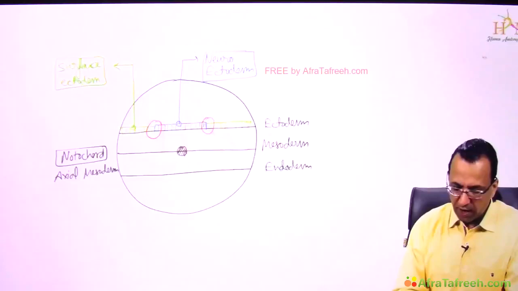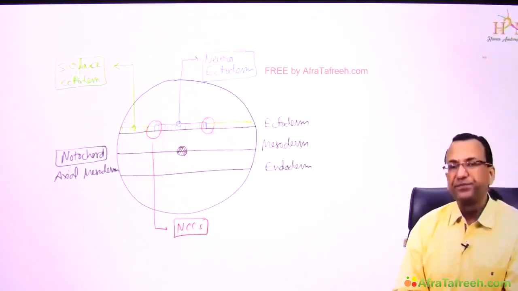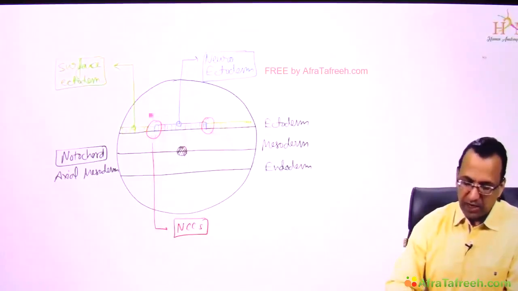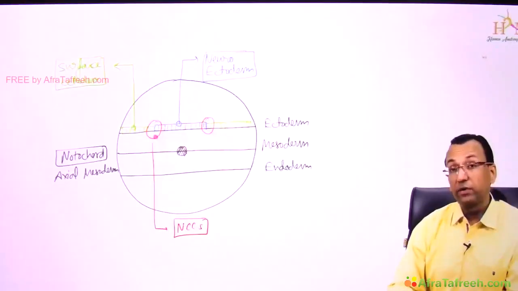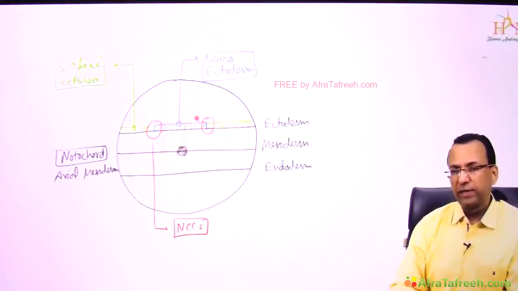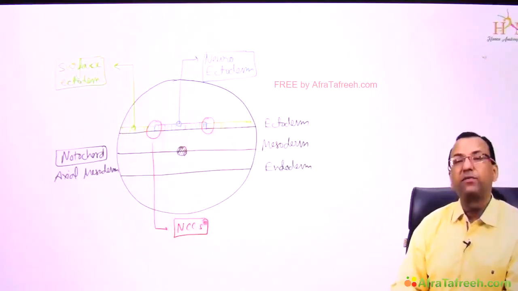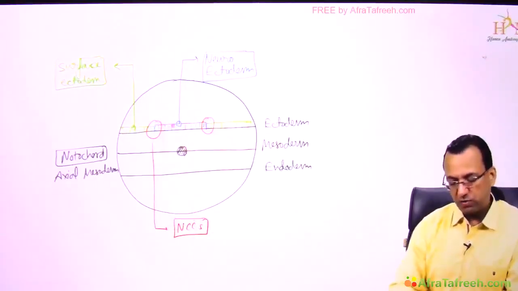Now, when you're talking about the neural crest cells, you have to understand, in the beginning, we used to believe that neural crest cells would have come from the neuroectoderm. But recently, it has been realized that they are the fourth germ layer. If neural crest cells are the fourth germ layer, then where would they have come from if not the neuroectoderm?